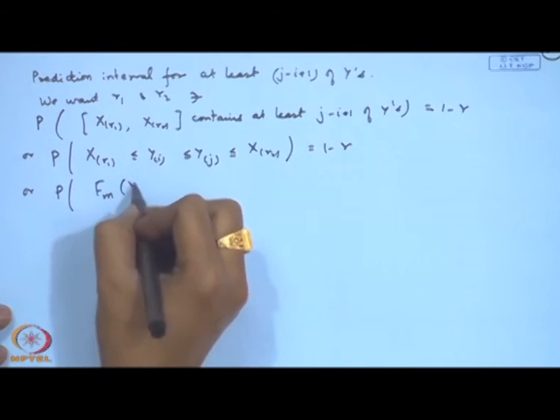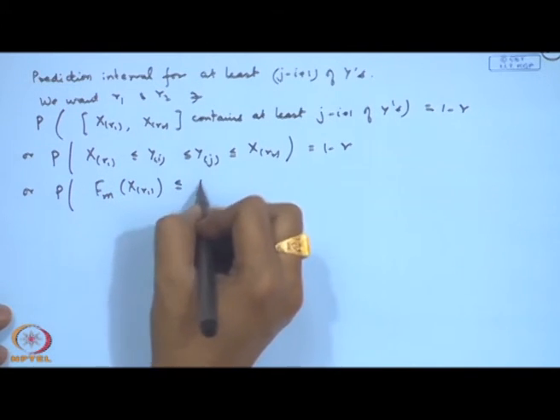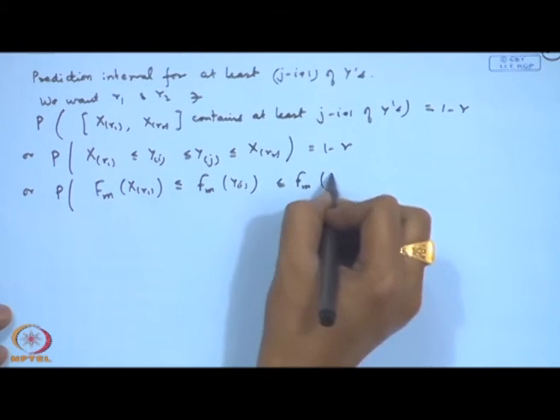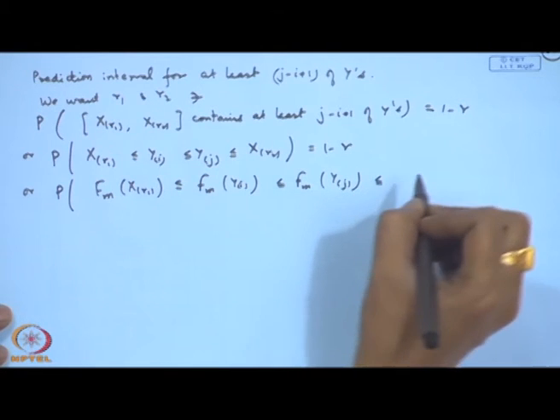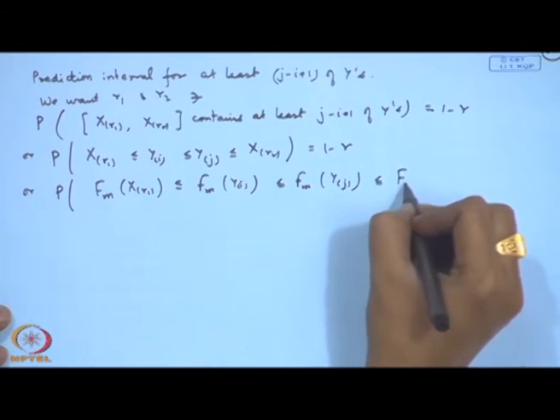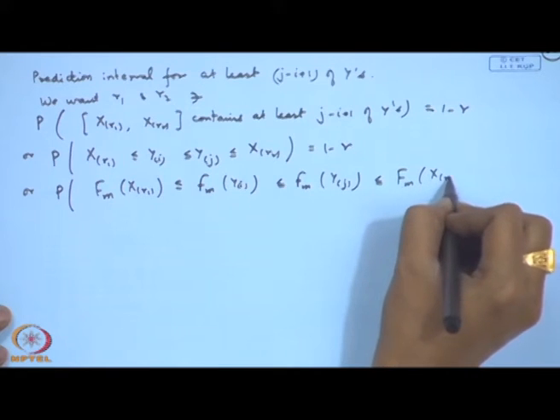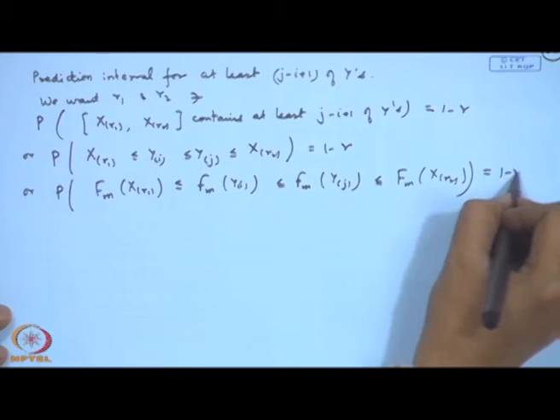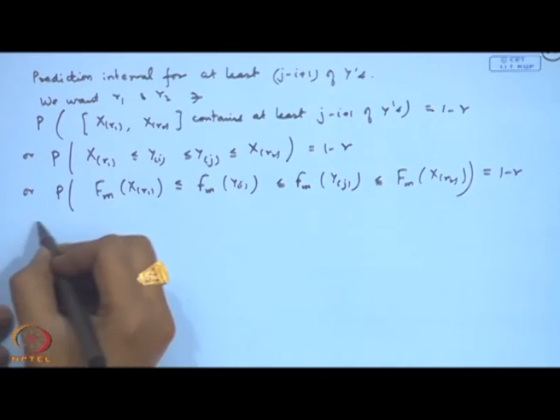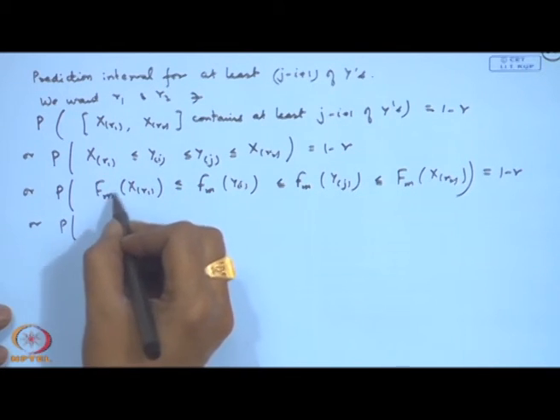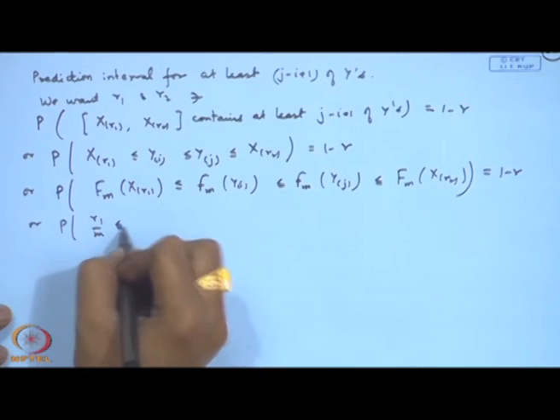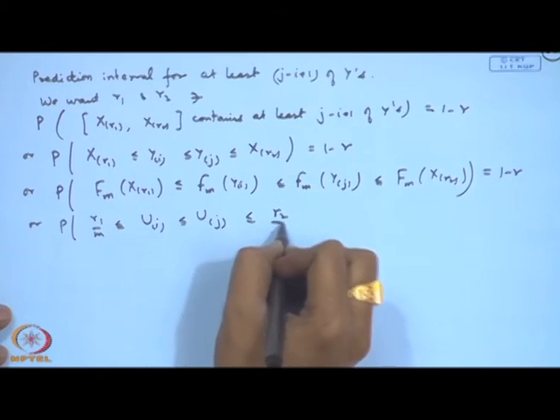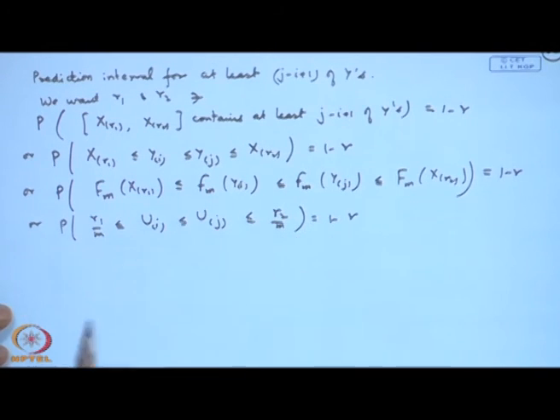So, Fm of x r1 less than or equal to Fm of yi less than or equal to Fm of yj less than or equal to Fm of x r2, where Fm is denoting the empirical distribution function of the x sample. So, this is nothing but r1 by m less than or equal to ui less than or equal to uj less than or equal to r2 by m, that is equal to 1 minus gamma.